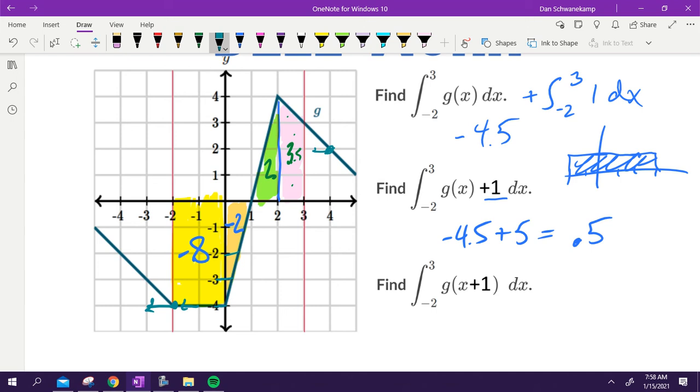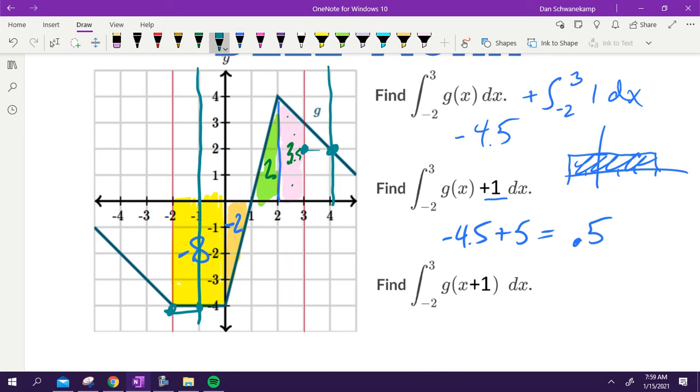This right here shifts over. So if I am finding the area between these values, what I'm really finding the area between is this line right here and this line right here. Because if I took those points, like this point right here, and shifted it left 1, it would match right there. If I took this point and shifted it left, it would match right there.